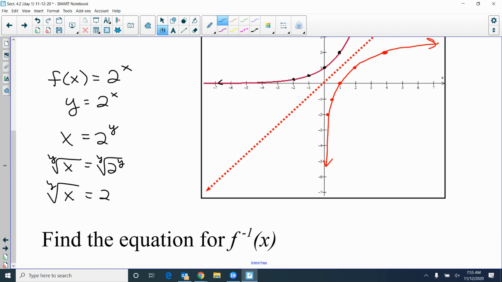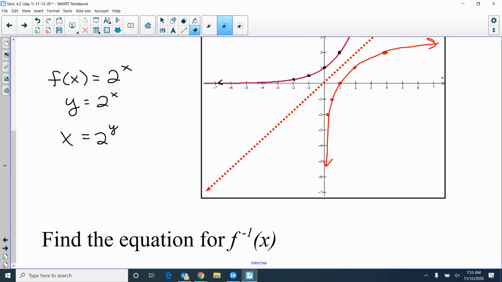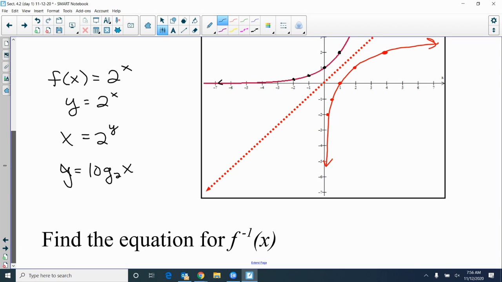So we're kind of stuck. And so this is where logs come into play. So y will actually equal log base 2 of x. That will be the inverse. But we can't solve for that algebraically, so we're going to make up logs for this.